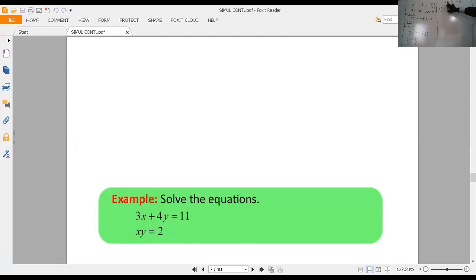Putting equation 3 into equation 1 will give you this. And from there, you have 6 over y plus 4y equals 11.